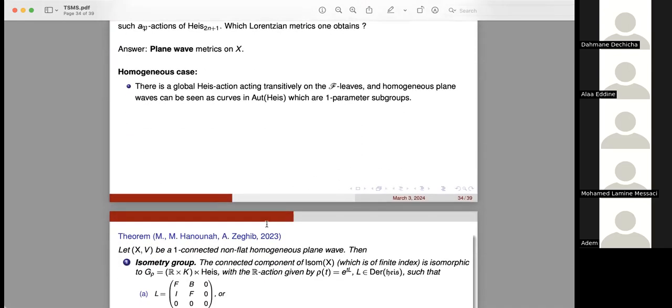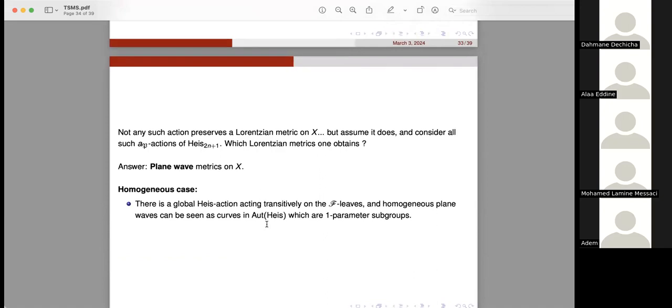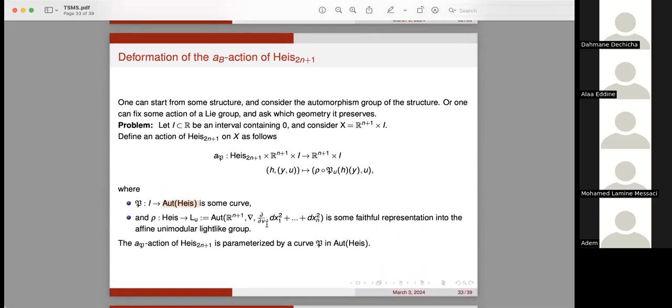Okay, so this is the way to pass from the original definition of plane waves to this description using cohomogeneity one actions of Heisenberg. We use many things here. First we use that we have an infinitesimal action of the Heisenberg algebra, which is a result by Plo, and we prove that.